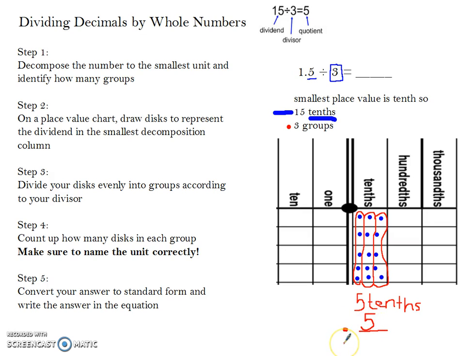So 5 tenths converted to standard form is 0.5. Then I would go up here to my equation and write in my answer, also known as a quotient. So I can say that 1.5, or 1 5/10, divided by 3 equals 0.5.